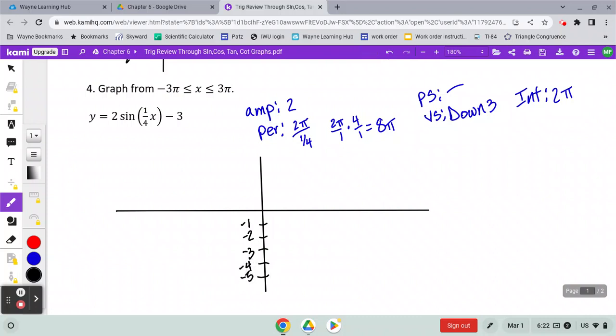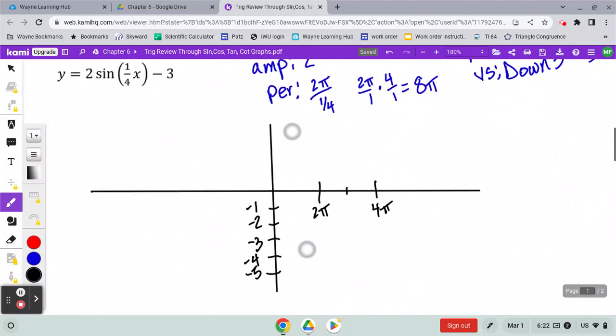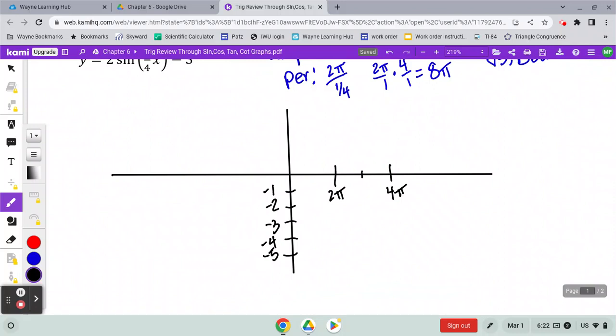And we know our interval is 2 pi, so I go to the right. That's 2 pi. Then I'd go again. That's 4 pi. Now, if you think about it, that is already farther than we need. We only need the 3 pi, which is halfway between 2 pi and 4 pi. Okay? So now we'll do it the same the other way. We'll make a mark, 2 pi, a mark, 4 pi, and then we only need to go halfway there to -3 pi.